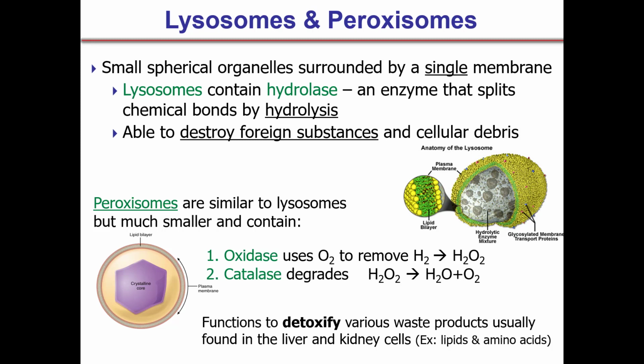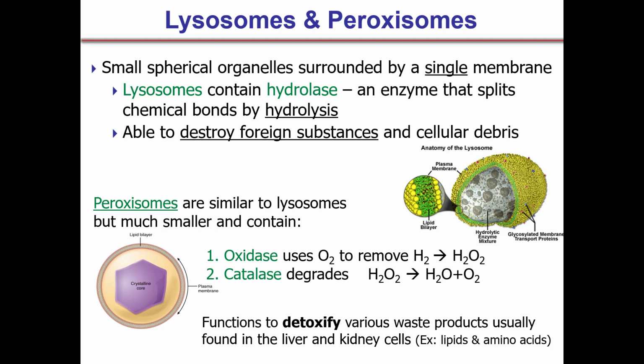Sometimes the cell will die if these organelles degranulate to eliminate foreign substances. Sometimes the cell will die itself in the process, and that's okay. It's a trade-off to get rid of a foreign substance and lose a few cells that are protecting the rest of the body.